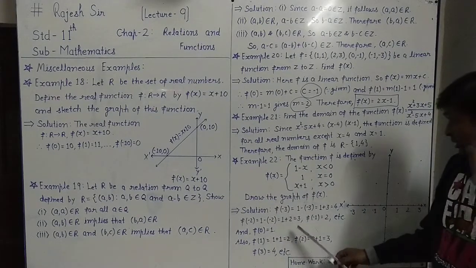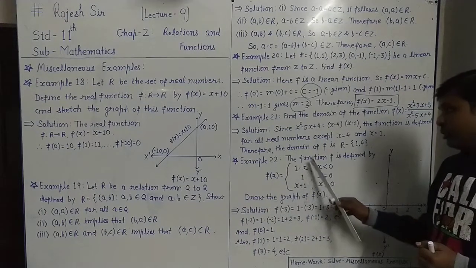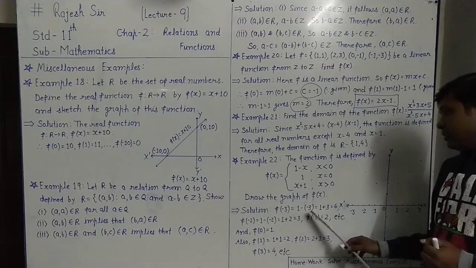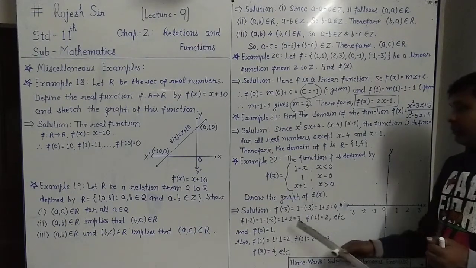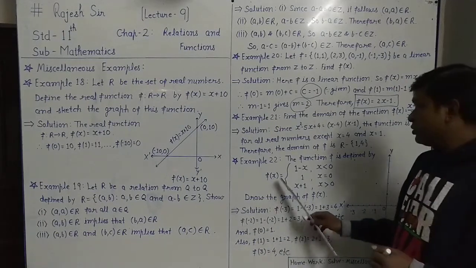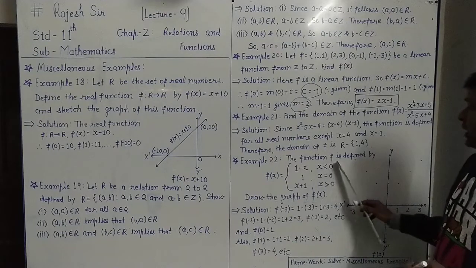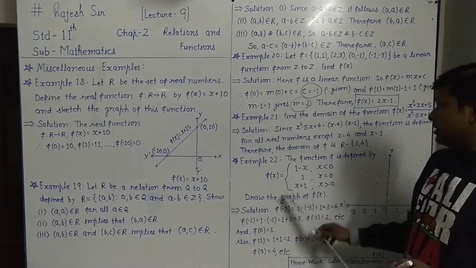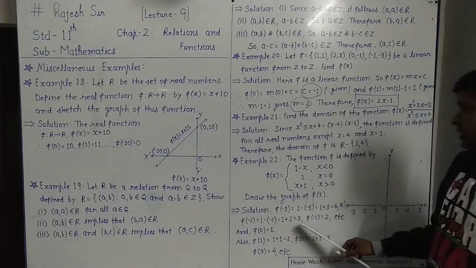So in the solution, if you place any negative number like minus 3, we have to follow this function: 1 minus x, with x as minus 3. So 1 minus (minus 3), 1 plus 3 is 4. If you place x equal to minus 2, f of minus 2: again we are taking a negative number, so we follow 1 minus x, that is 1 minus (minus 2), 1 plus 2 is 3.